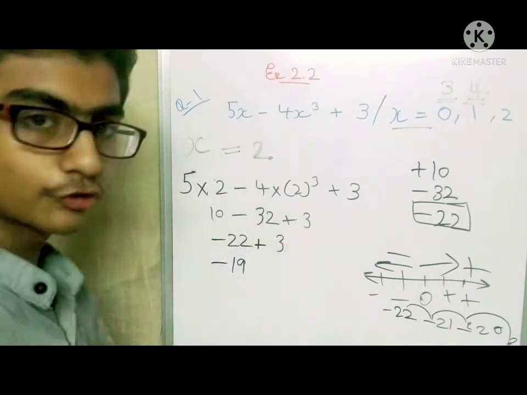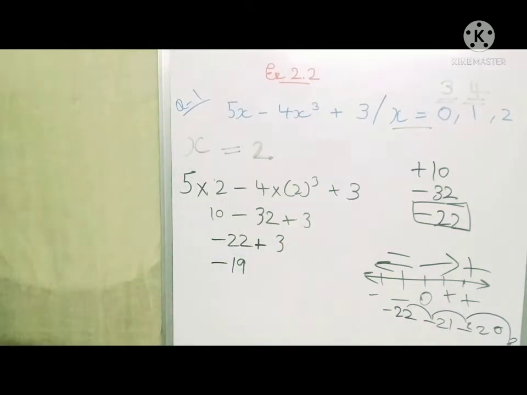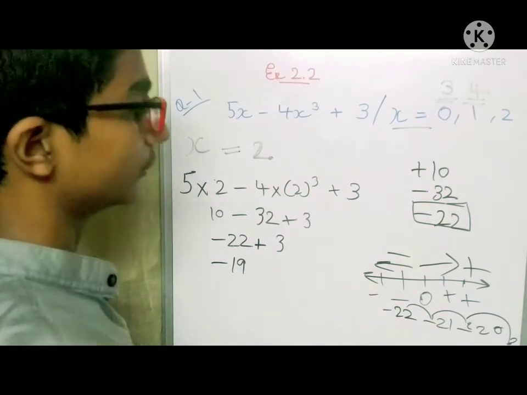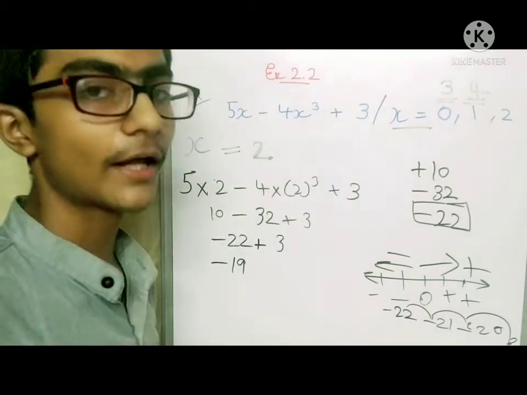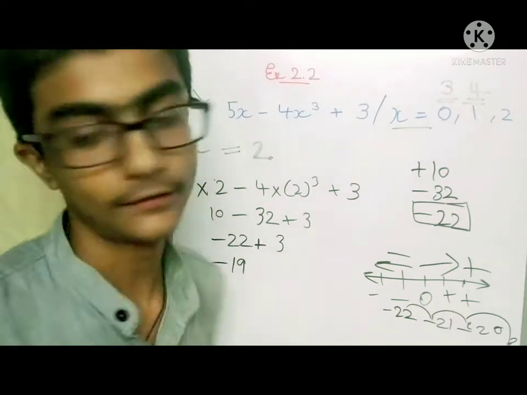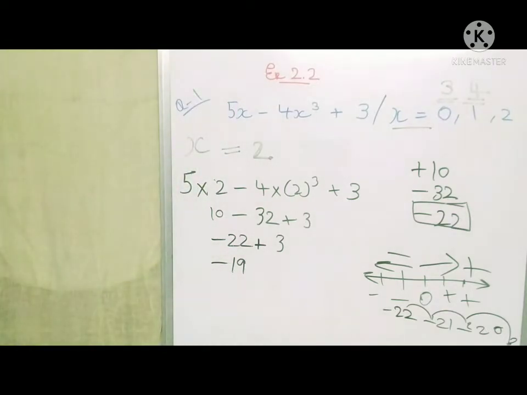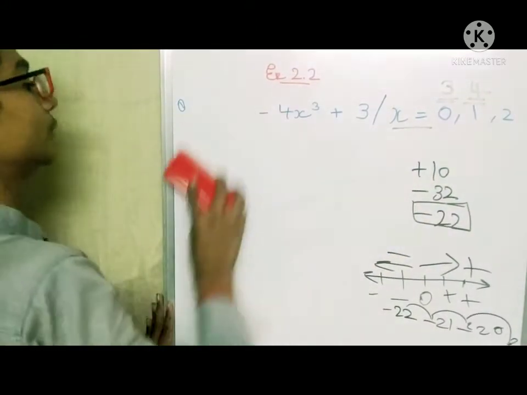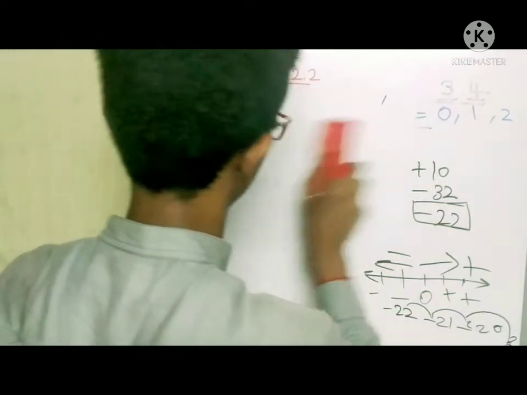I hope you understood. Actually in the question a square was given, but I have written cube because I wanted to do something different. So question number 1 of exercise 2.2 is over.